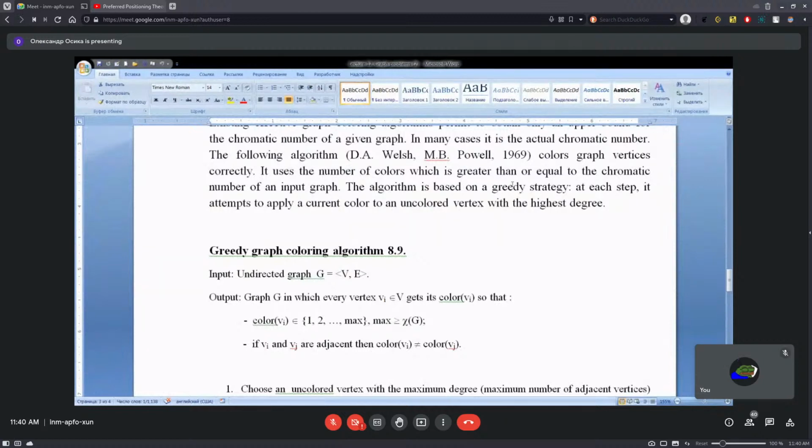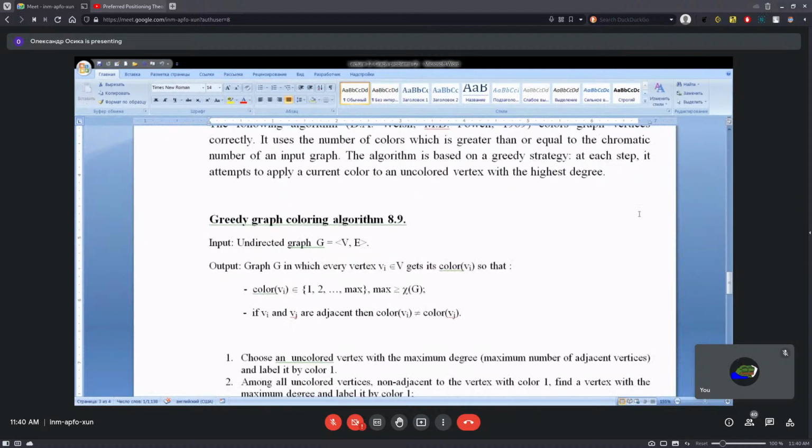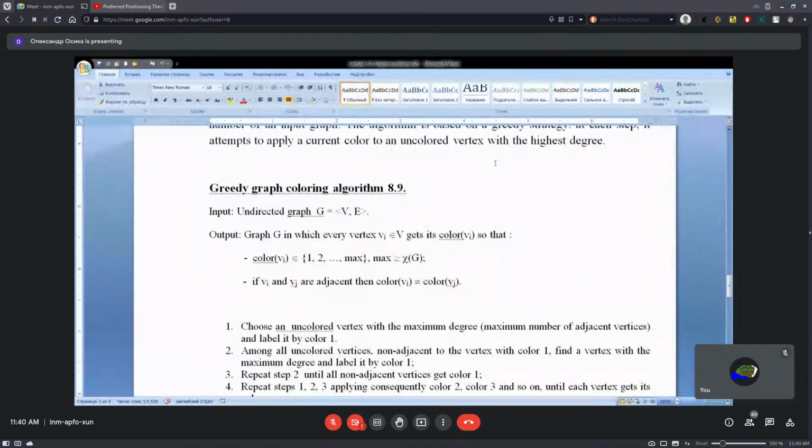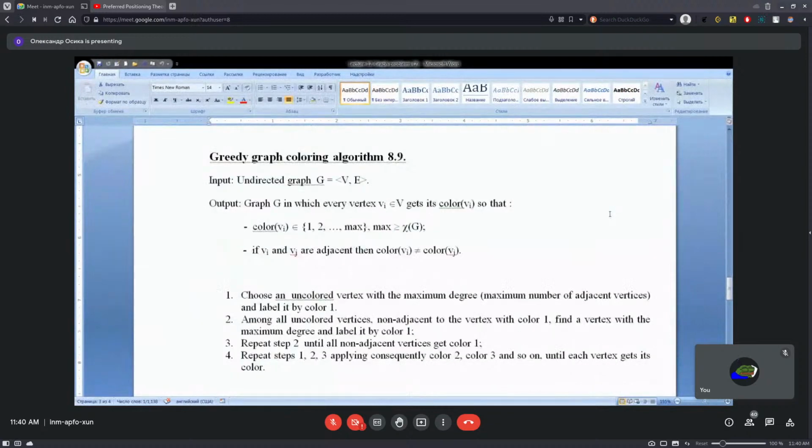The algorithm is based on a greedy strategy. At each step, it attempts to apply a current color to an uncolored vertex with the highest degree. Okay, let us see. So, the greedy graph coloring algorithm. Input: undirected graph G. And you remember that a graph is a set of vertices and a set of edges.